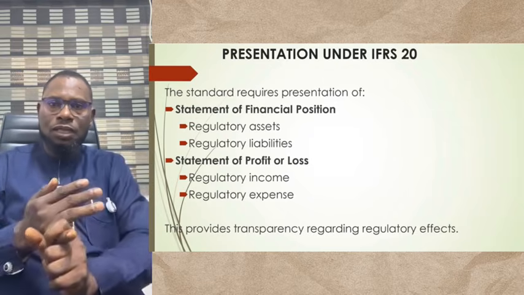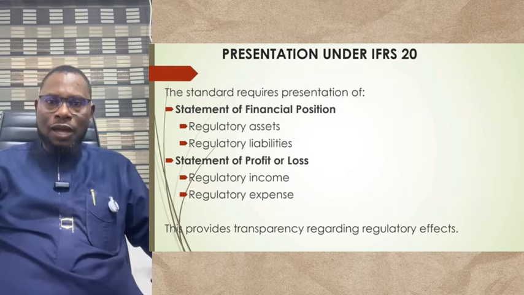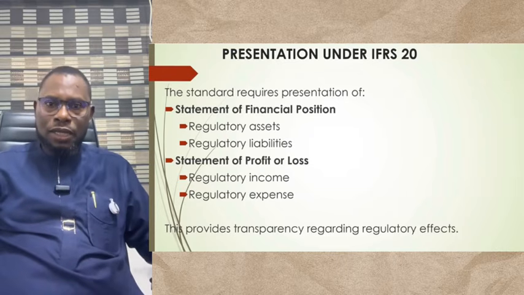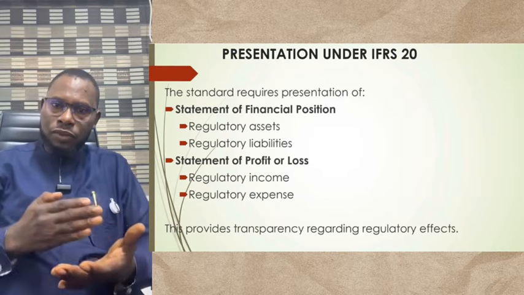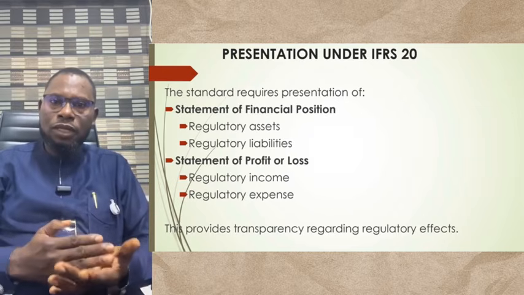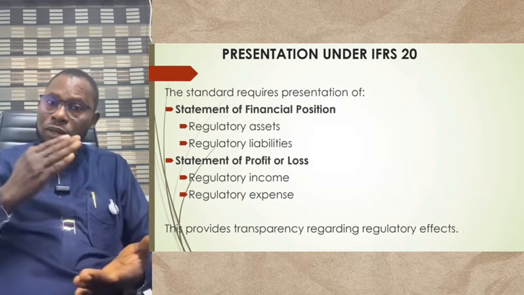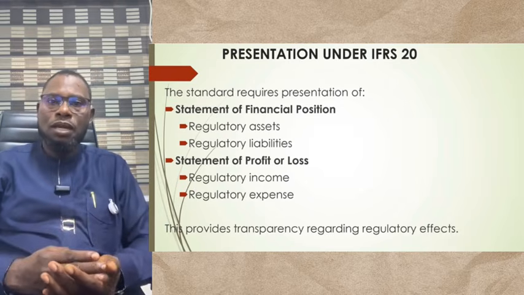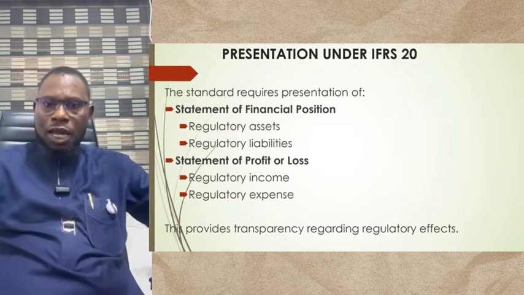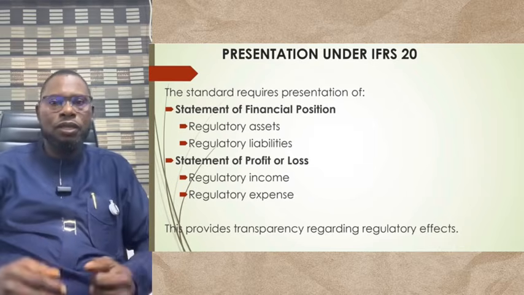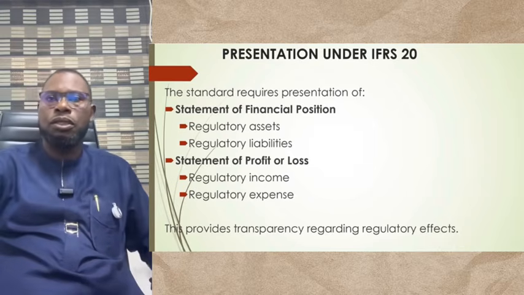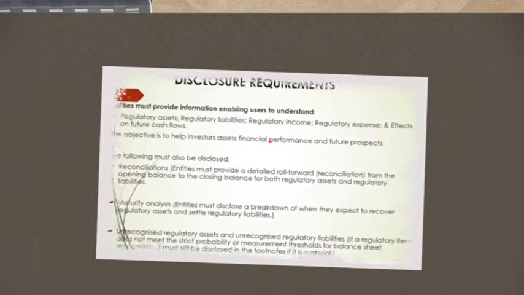So the effect of whatever has happened in this rate regulated industry with respect to regulatory assets and regulatory liabilities will bring about regulatory assets and regulatory liabilities going to the balance sheet, and then regulatory income and regulatory expense going to the income statement. Now let's look at disclosure requirements.